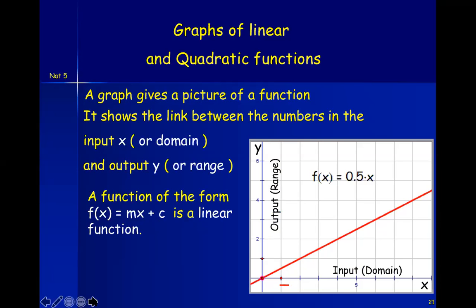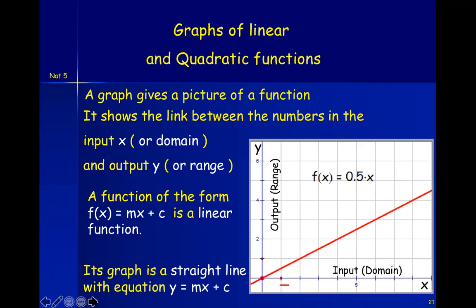We've seen that. Its graph is a straight line with equation y equals mx plus c. So far, nothing should be new to you now that you've done so many straight lines. C equals 0. We've noticed that.